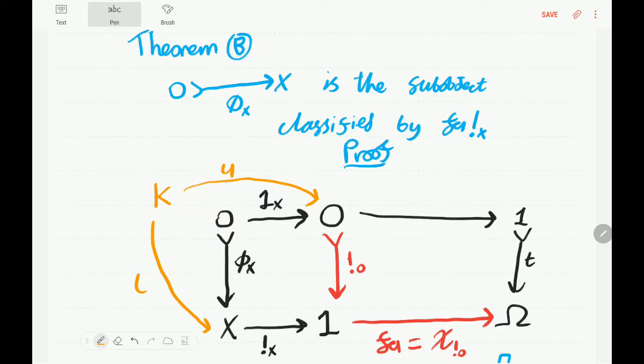So firstly, since there's an arrow U from K to 0, we can use our previous result to tell us that this K here is basically just an initial object.